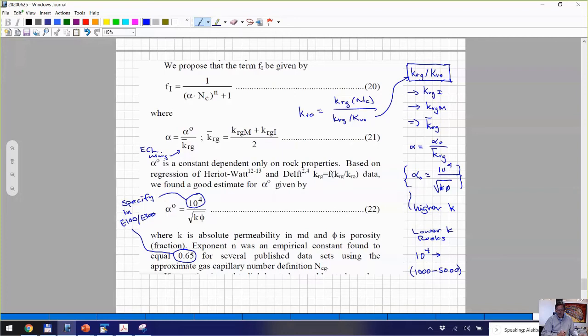There is also another possibility in Eclipse to use this transition function to estimate the KRO. So there are two options in the capillary number model. One is via the ratio, or you apply the same transition function f to estimate the KRO, the same transition function as in the Harriet-Watt Henderson model, but without endpoint change.